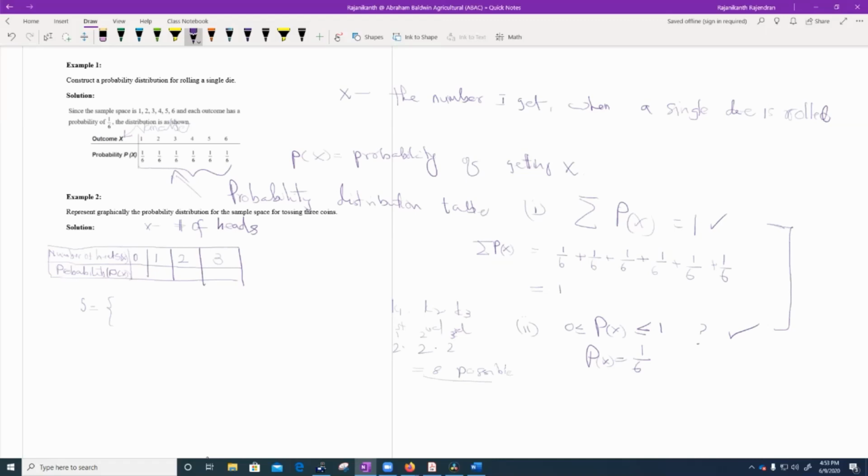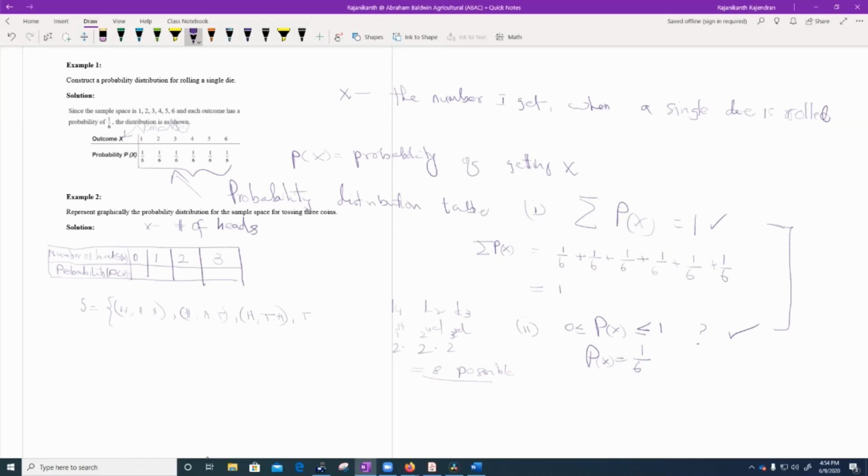What are those? You may have heads from the first coin, heads from the second coin, and heads from the third coin. That is one of my outcomes. Or you may have heads, heads, tails. Or you may have heads, tails, heads. That means first coin heads, second coin tails, and third coin also heads.